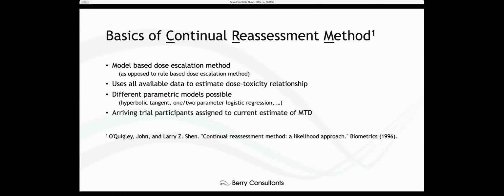And generally, the way that CRM would work is based on the model and on the estimates, we'd have an understanding of where we think the MTD is. So say the model might think the MTD is 200 milligrams, and then that's where we would assign patients in the vanilla version of CRM.